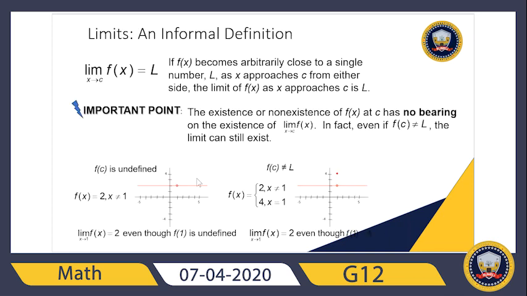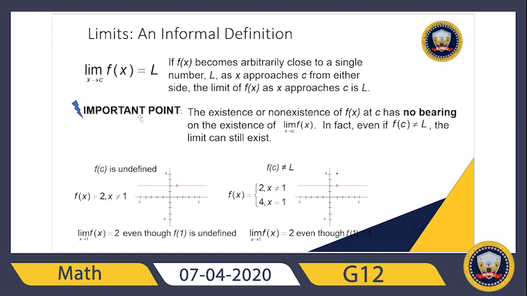Okay guys, before speaking about these examples, we have a note. When we say that f(x) goes to the limit L when x goes to c, this doesn't mean that the value of f(x) when x equals c should exist. So the limit is different from the value of the function. Sometimes they have the same value, but sometimes the limit is different from the value of the function.